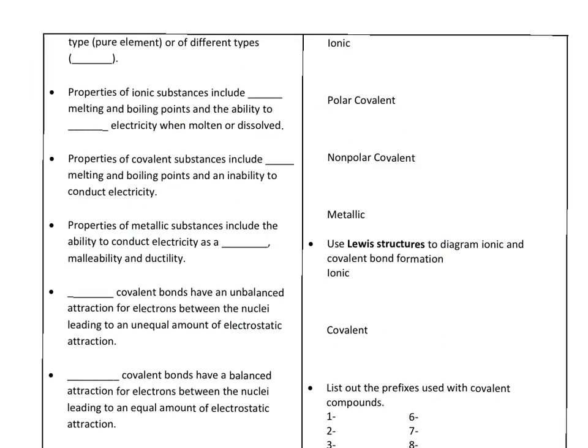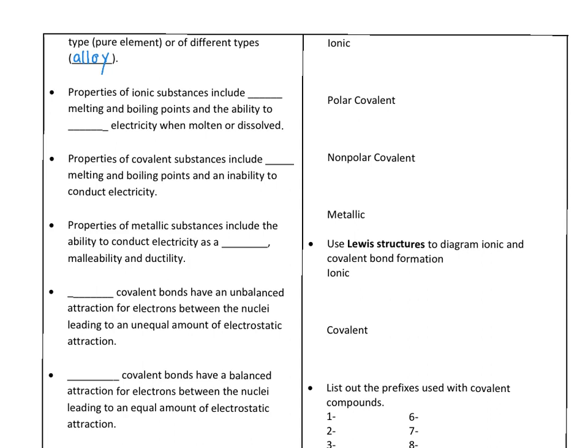So for the back page, finishing up the bullet point from the front, it says metallic substances consist of free-moving electrons surrounding metal atoms of all the same type, which gives you a pure element, or of different types. When you have a metallic bond that actually has different types of metals in it, it's called an alloy. All right. And then let's see here, properties of ionic substances.